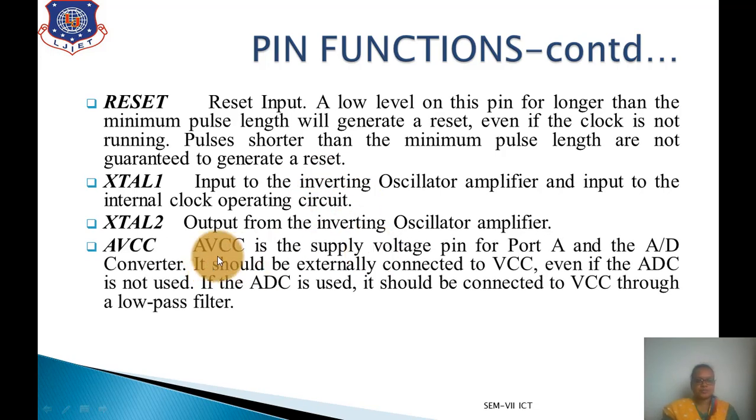Then AVCC. AVCC is the supply voltage for port A and the A to D converter, right? So whenever we are using port A as ADC, that is analog to digital converter, AVCC is the supply voltage and we will connect it to the VCC. And even if it is not performing ADC, AVCC should still be connected to the VCC.